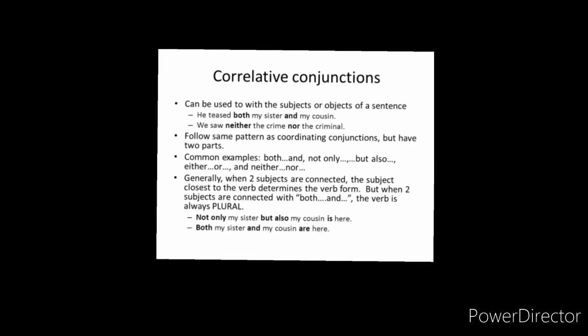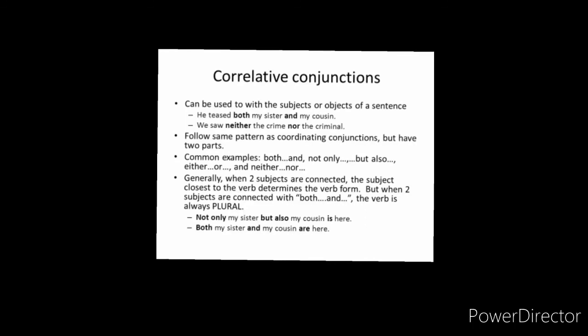Fine students. So students, they are pairs of conjunctions, and these are the conjunctions that help to join two balanced clauses, phrases or verbs. They join two similar clauses, phrases or verbs.